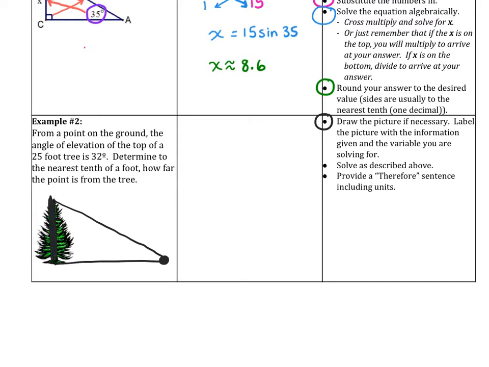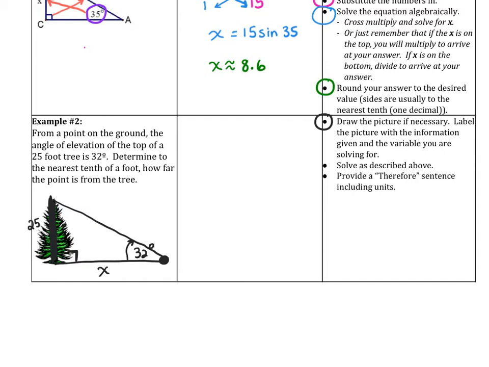The angle of elevation to the top of a 25-foot tree, so the tree is 25 feet, is 32 degrees. So this is the angle of elevation. Angle of elevation goes from the horizontal line, which is the ground, and upwards. And you're going to put a little right angle symbol there to show that it's a right triangle. And we're trying to find out how far the point is from the tree. So that's this length here.